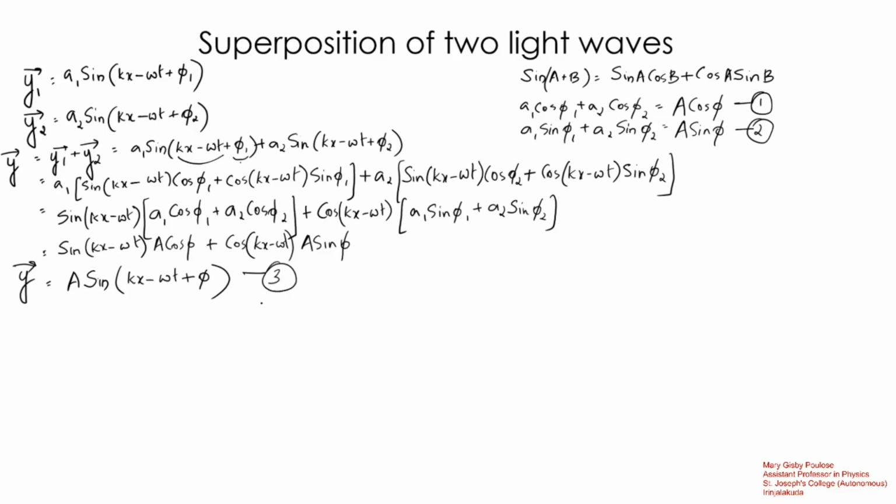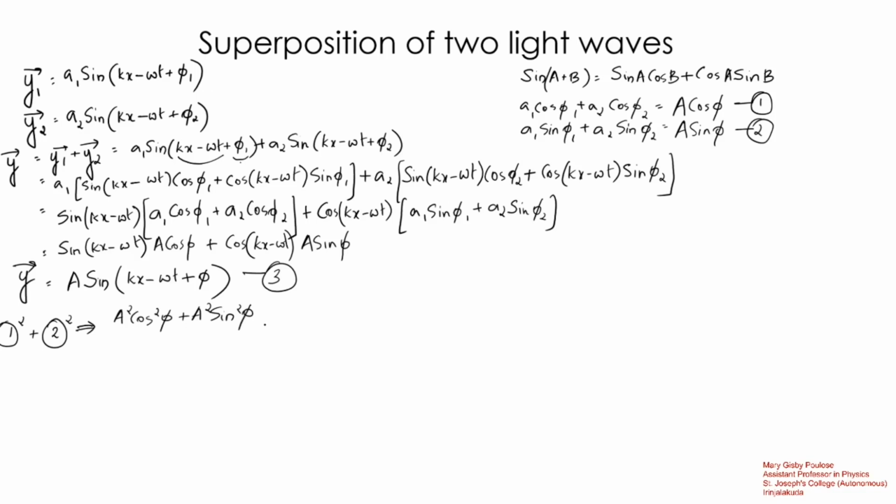Now, we only have the individual amplitudes and the individual phases, okay? We don't have the resultant amplitude and the resultant phase. So in order to calculate that, what we do is, we take the sum of the squares of the first and second equation. The sum of the squares of the first and second equation gives us A square cos square phi plus A square sin square phi.